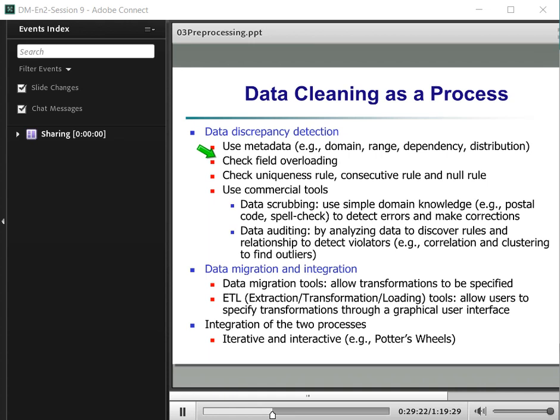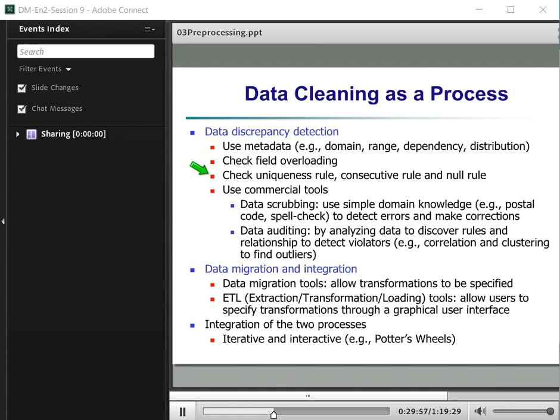The second one is checking field overloading. For example, maybe an integer with 2 byte length is used, and if I enter a bigger value because of limitations, it records an incorrect value.